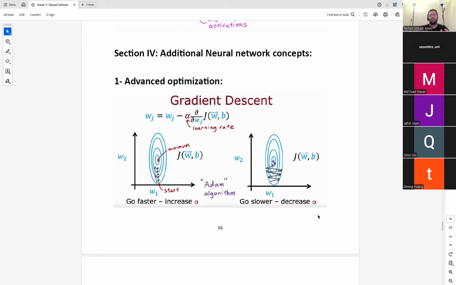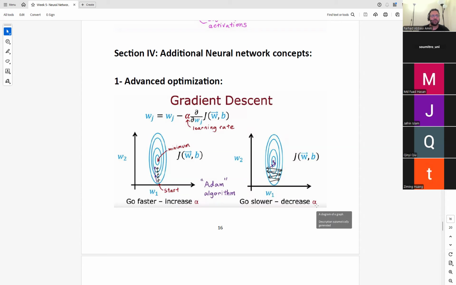It can optimize your cost function better than gradient descent, because in gradient descent the learning rate alpha is constant. There's no change. But imagine there is a method like gradient descent that can adjust the learning rate alpha. In one case, it can increase the alpha; in another position, it can decrease the alpha.